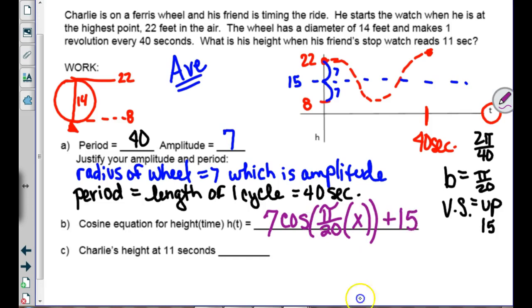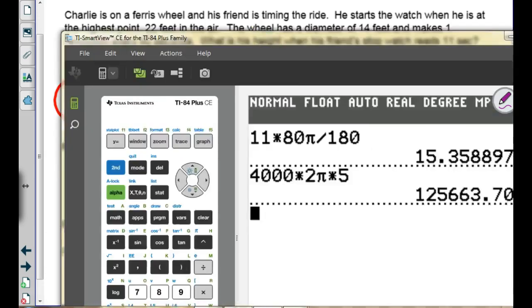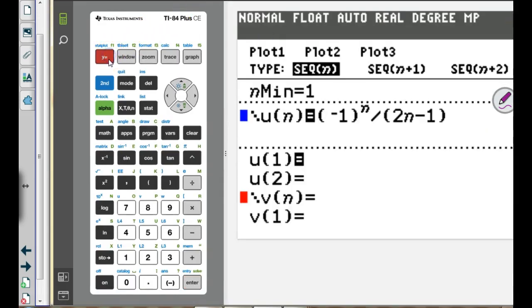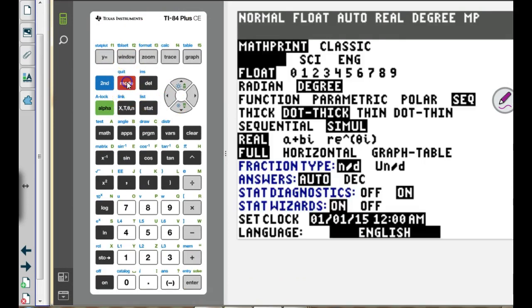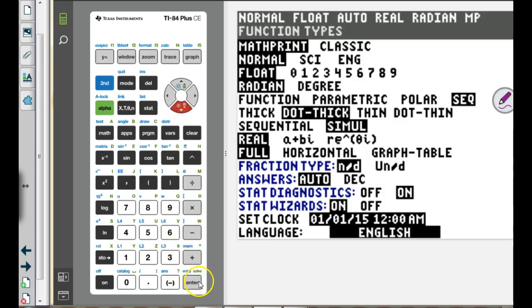All right. What mode should my calculator be in? Not sequence either. Radians and what? Function. That's all you'll need on the post-test, guys, is function.